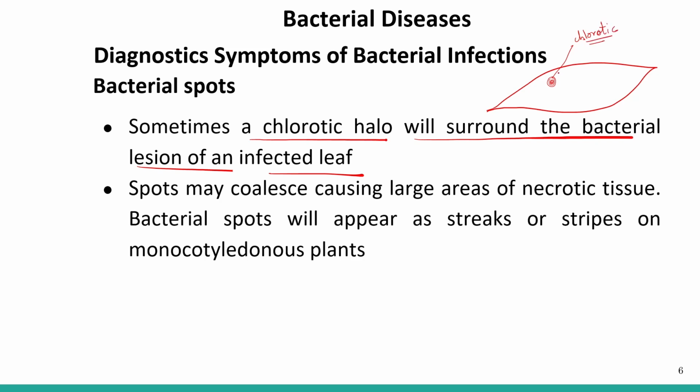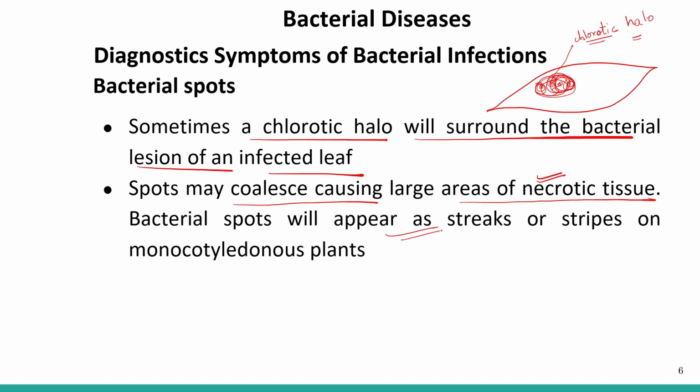It means that in this particular surrounding, there is a loss of chlorophyll, and this is called a chlorotic halo. Spots may coalesce, causing large areas of necrotic tissue. Sometimes there are many spots like this, and they join and form bigger spots, and that is the necrotic tissue.